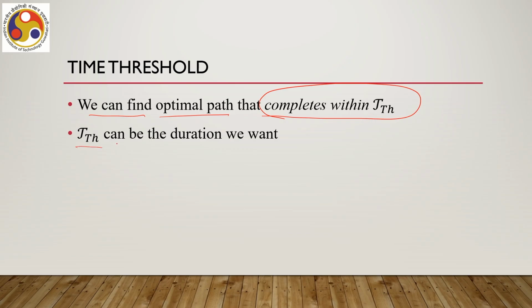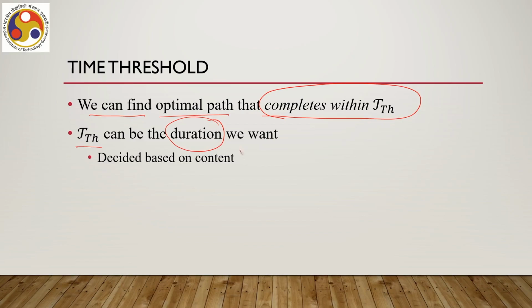And this time threshold can be the duration of the virtual tour, maximum duration of the virtual tour. Now, of course, there is no easy way to find out the time threshold. Of course, there are some studies which recommended some thresholds which depend on the content.